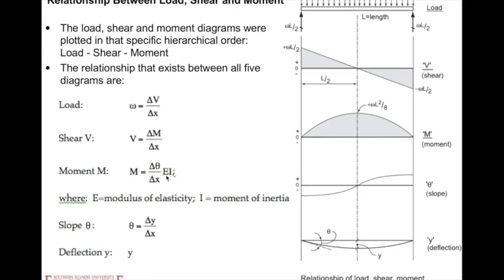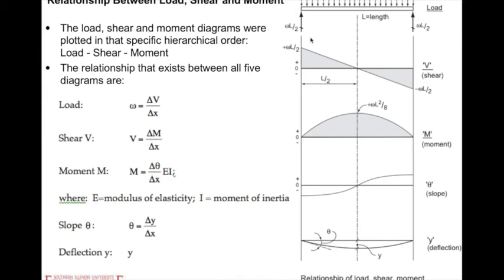E is the material-related modulus, and I is related to the cross-section geometric shape. That's the moment of inertia. And theta is equal to the first derivative of y, the deflection. And the last one is deflection.